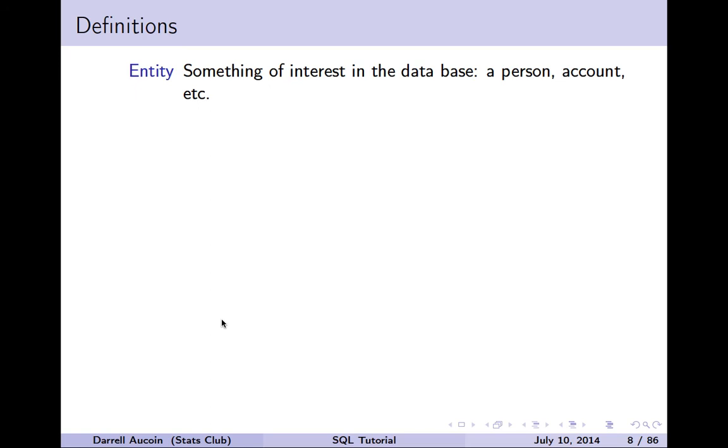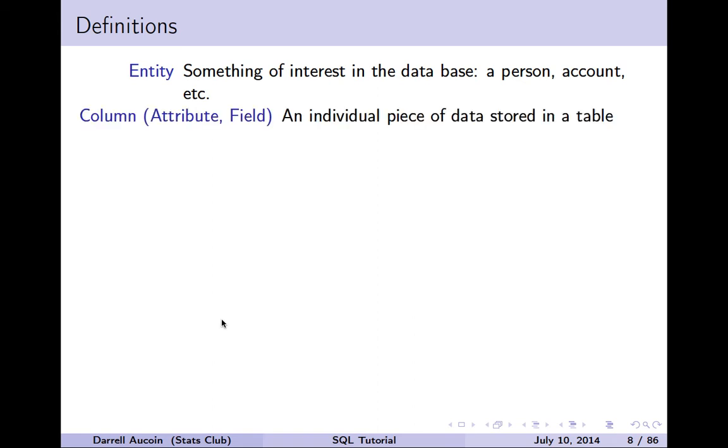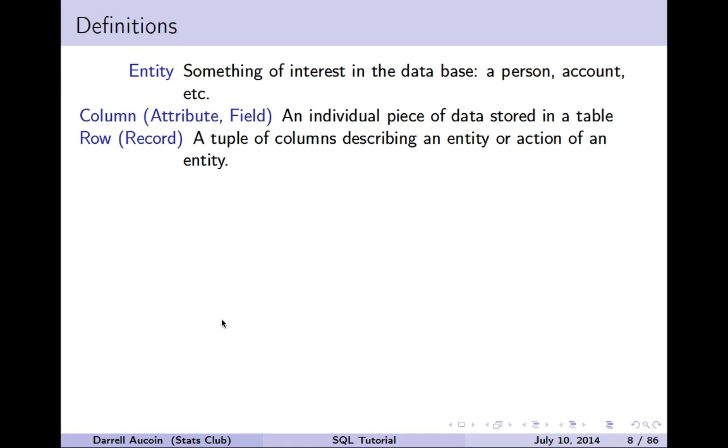Some definitions: entities are basically something of interest, like a personal account, and usually relate to a row. A column, or attribute or field, is a piece of data stored in the table. A record is a row, a tuple of columns. A table is a collection of rows or records.